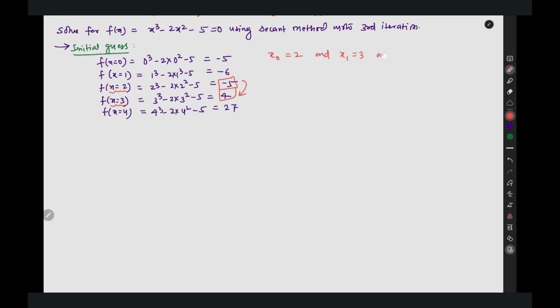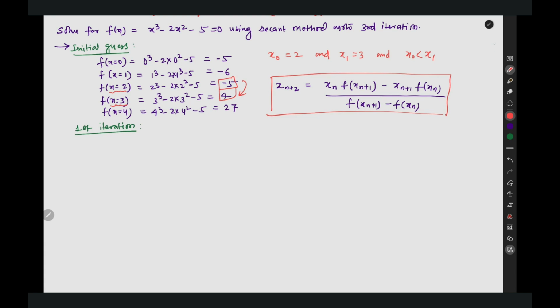We have also ensured that x0 is less than x1. Now we will move to the first iteration. So we will write the formula. The formula is xn plus 2 equal to xn f of xn plus 1 minus xn plus 1 f of xn, divided by f of xn plus 1 minus f of xn.